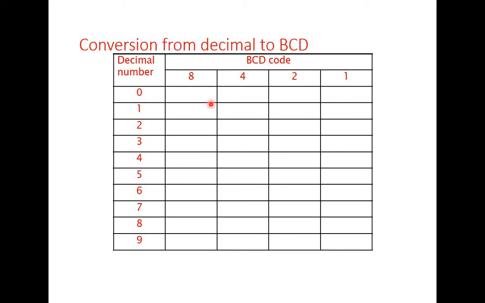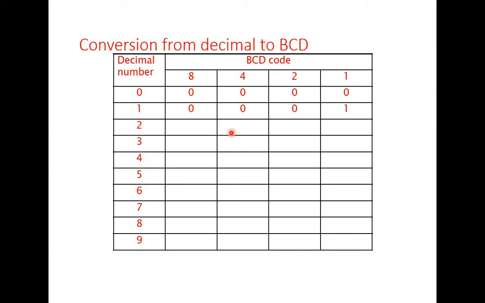So for decimal number 0 the BCD code is 0000. For 1 we just require the positional weight 1 and the remaining positional weight must be 0. So we write as 0001.